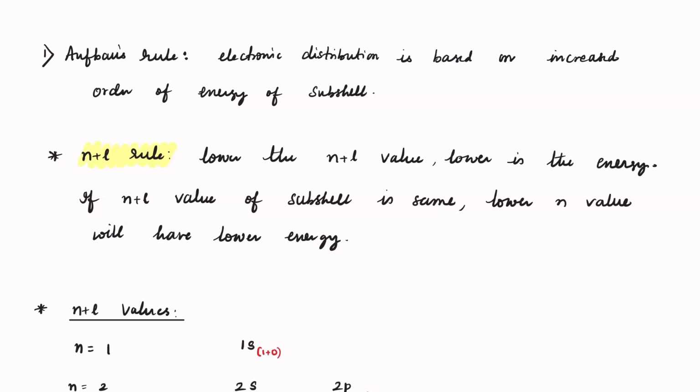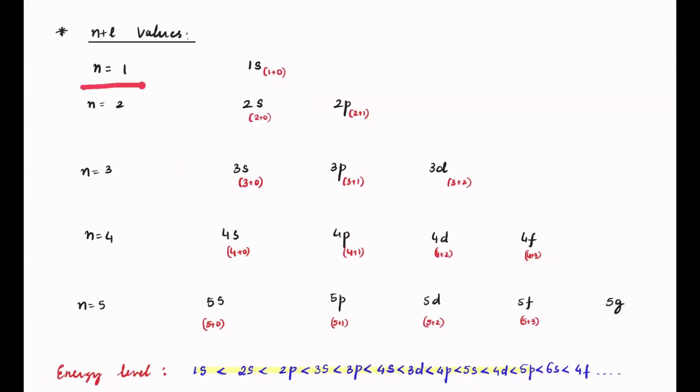So follow very simple rules here. The N plus L rule is based on the lower sum. Lower the sum, lower is the energy, and that subshell has to be filled first. Got it? So now notice, for n is equal to 1, the subshell will be 1s.